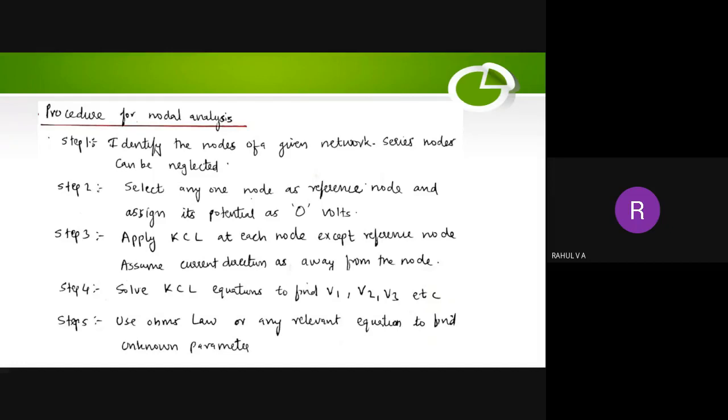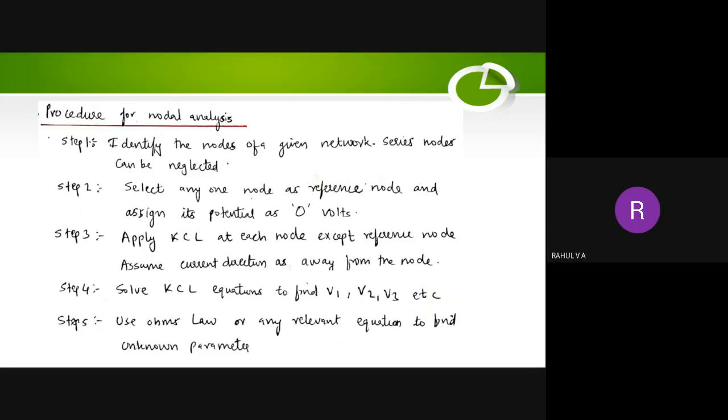Then you have to apply KCL and write down the equation for each node. Depending on the number of nodes: if you have three nodes, you will have three equations; if you have one node, you will have only one equation. Then you solve these equations using a calculator.